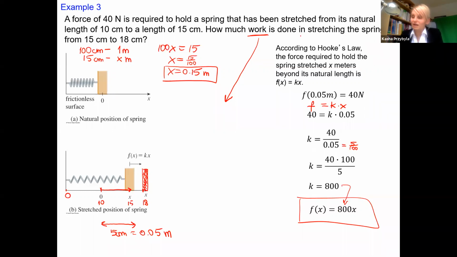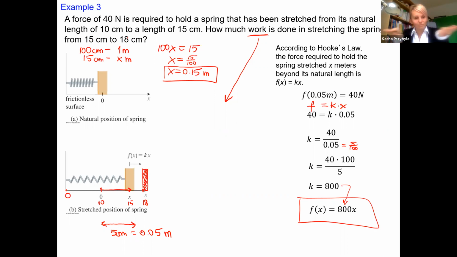How much work is done in stretching the spring from 15 to 18 centimeters? That means we definitely have the distance 3 centimeters, which is 0.03 meters. But what I'm saying is that my interval will be from 15 to 18.